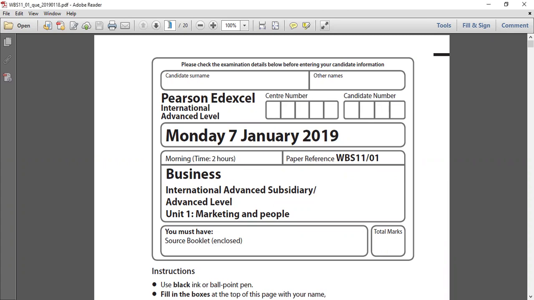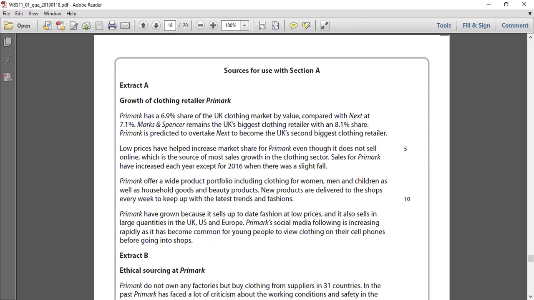Let me first of all go to the Section A case study. Normally the paper structure has three sections: Section A, Section B, and Section C. Section A consists of this case study, Extract A and Extract B, the case study on the growth of clothing retailer Primark.